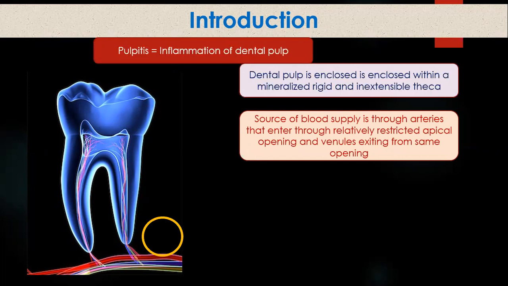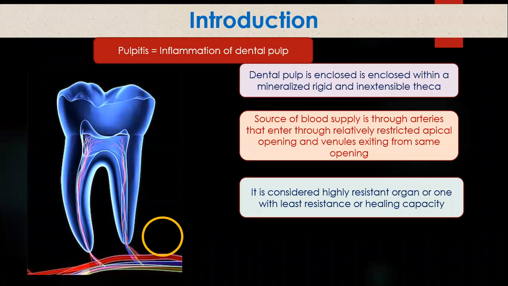So the most important aspect is that we consider it a highly resistant organ, encased within the enamel and dentin, but also it is considered as having least resistance and least healing capacity when there is increased pulpal inflammation.